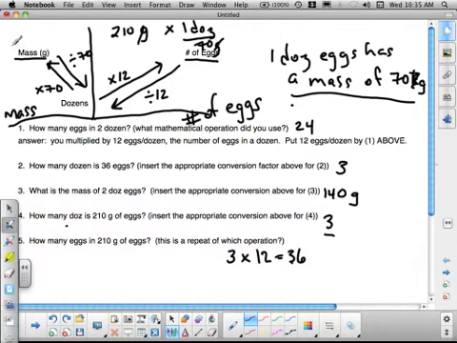So you started here on number 4. And the first question, number 4, was to get to here, divided by 70. The next question was how many eggs? Going in this direction, you are multiplying by the number of eggs in a dozen. You are going to do the same kinds of operations when we do the mole.